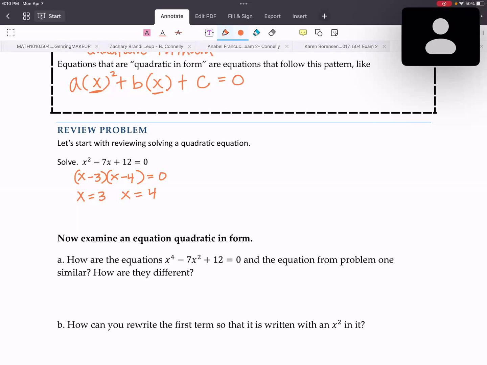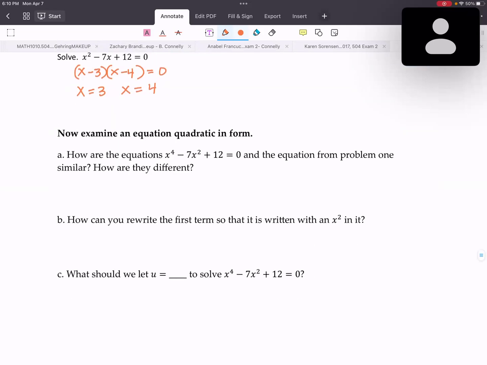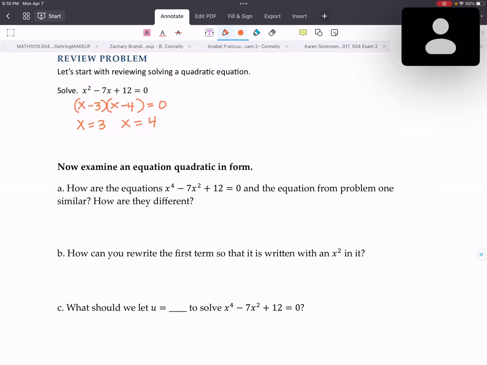Now, on this next type, we've got x to the 4th minus 7x squared plus 12 equals 0. I just want you to look up here and see what is the same and what is different about these 2 things.